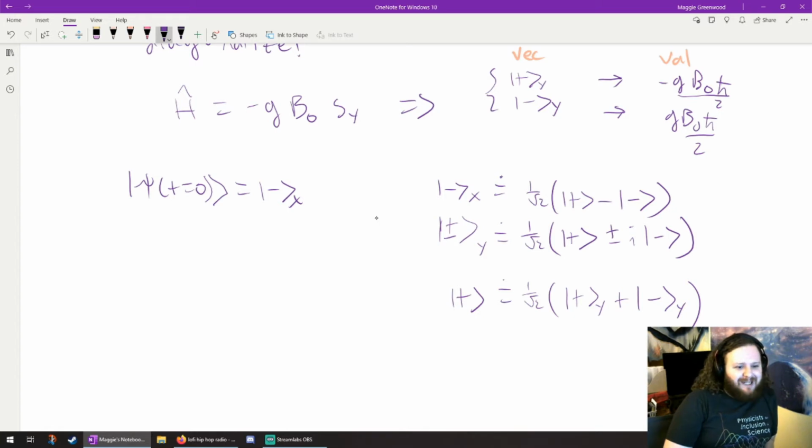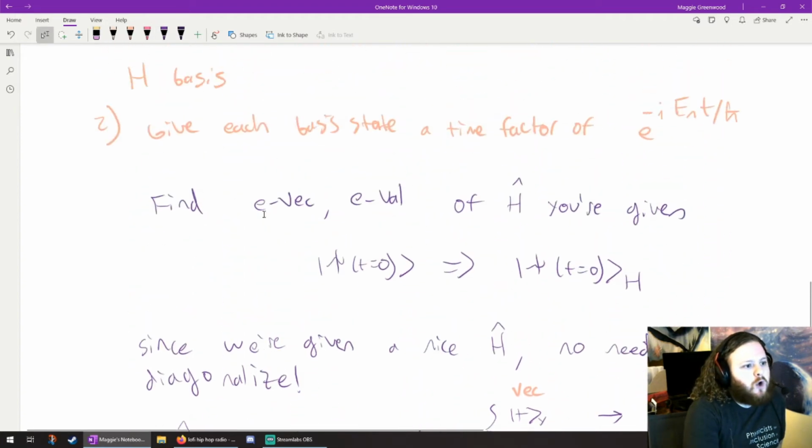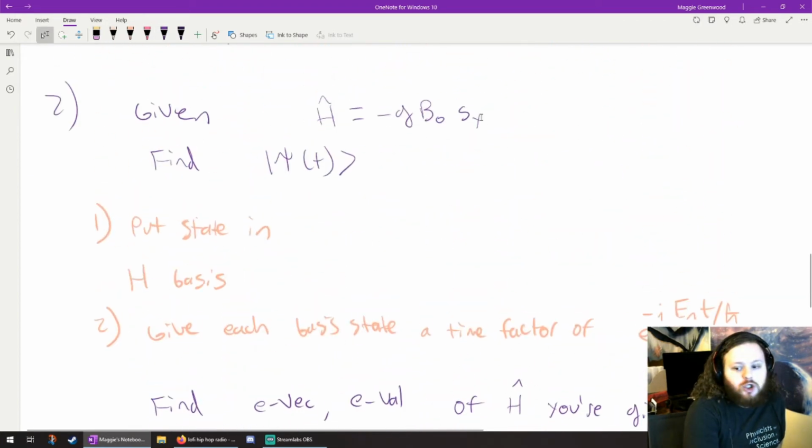My life is tragic. So what I've been doing here is a simplified version of the question that y'all got on your quantum homework. Rather than a Hamiltonian that was a bunch of generic garbage, I just stuck with one of the components, Sy.